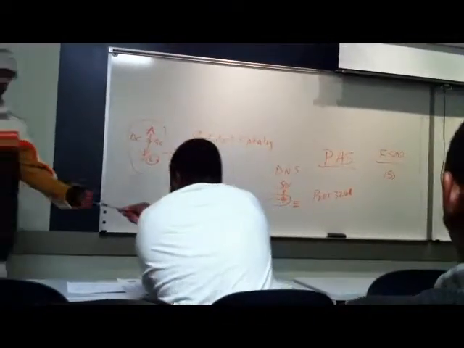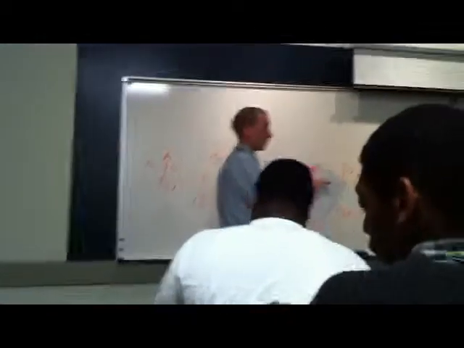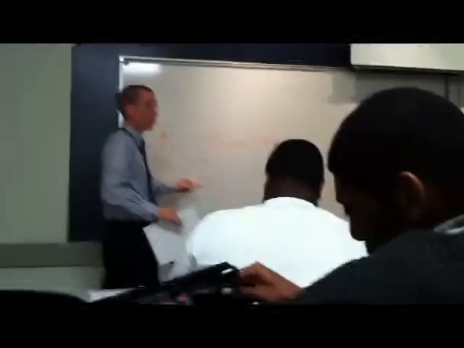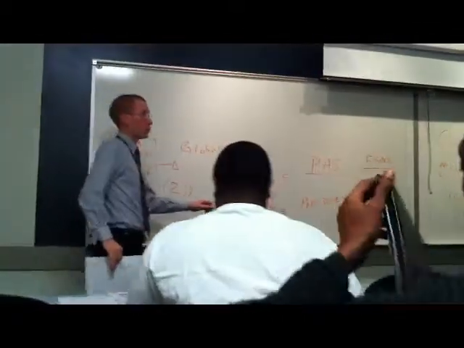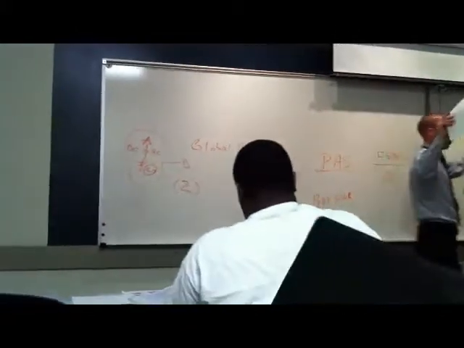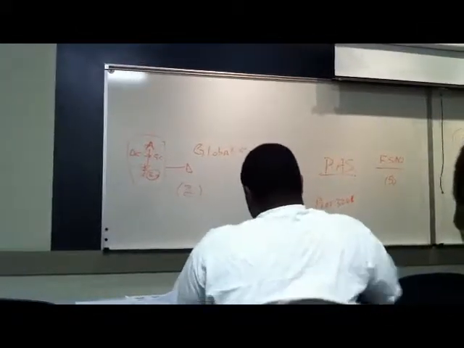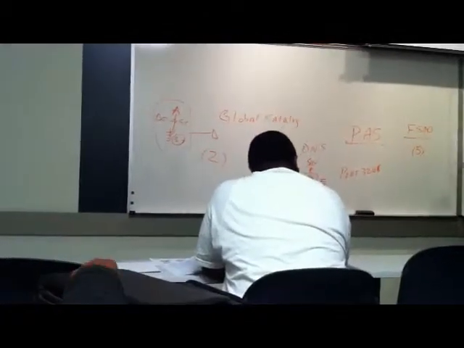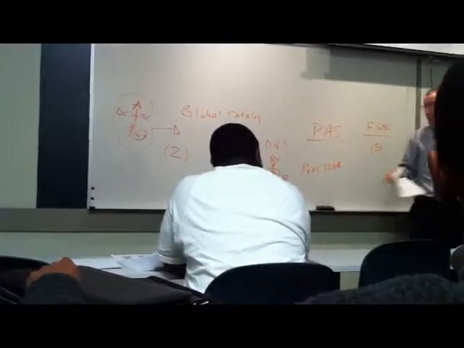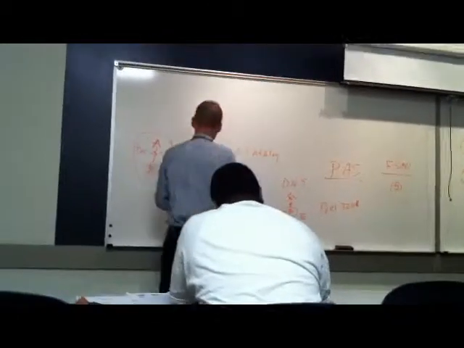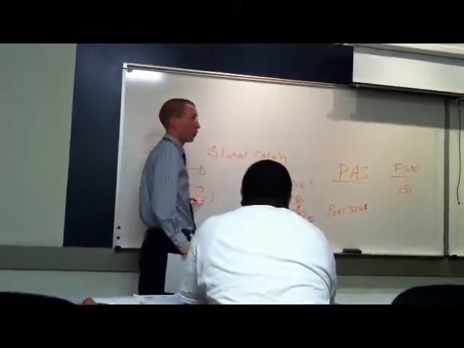The first DC in the environment gets all 5. 2 of them are forest specific. What that means is, if we're at Wells Fargo / Wachovia, we got a bunch of domains. No matter how many domains we have, as long as they're in the same forest, these 2 FSMO roles that we're going to talk about are all there are.